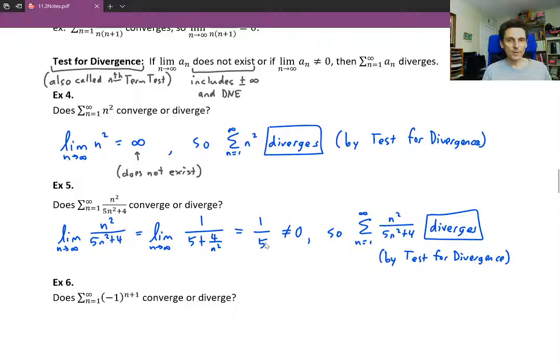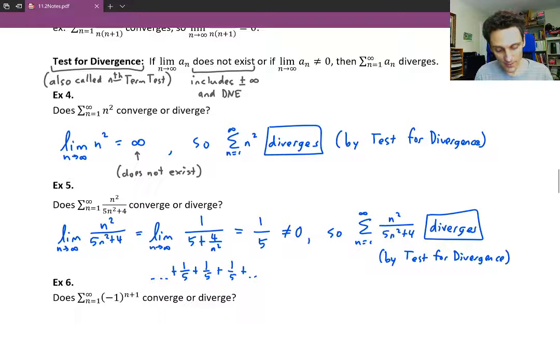One way you could interpret this, to get a sense of the intuition, is that the limit of the terms is telling you what these terms are getting closer to as n goes to infinity. So when n is really large, these terms that we're adding up in the series are getting close to 1/5. So eventually it's like you're adding up a number that's really close to 1/5 plus a number that's really close to 1/5 plus another number that's getting close to 1/5. They're not exactly equal to 1/5, but they're super duper close to 1/5 as n gets really large.